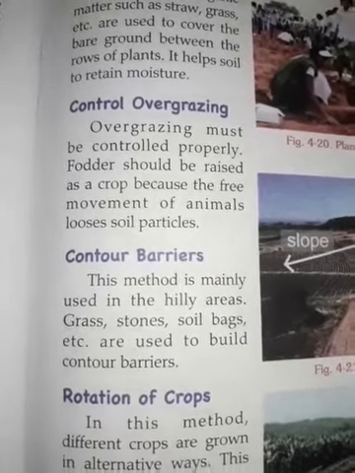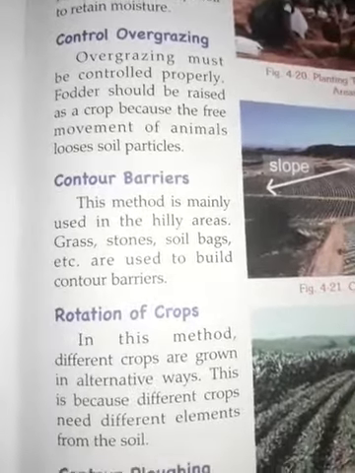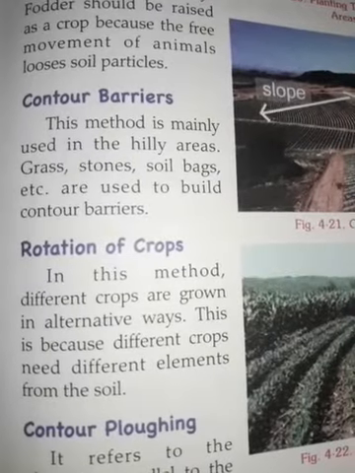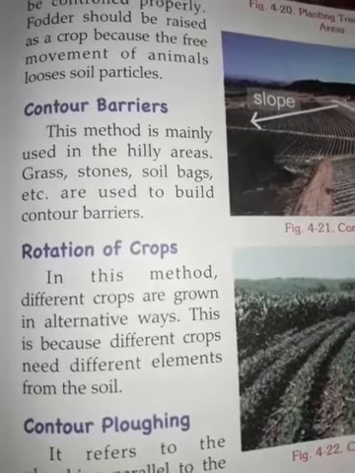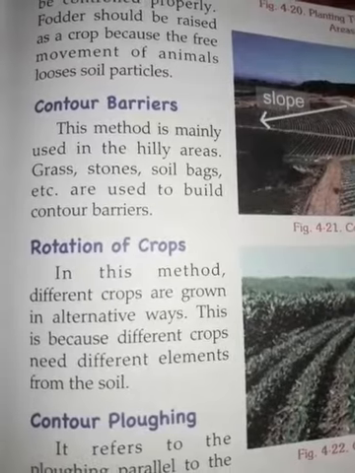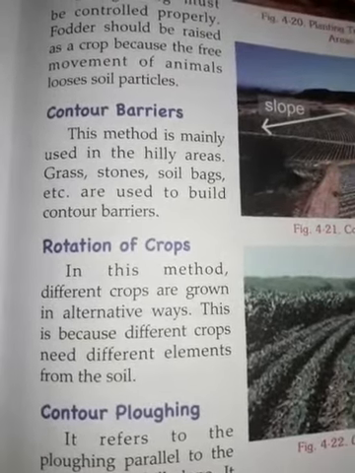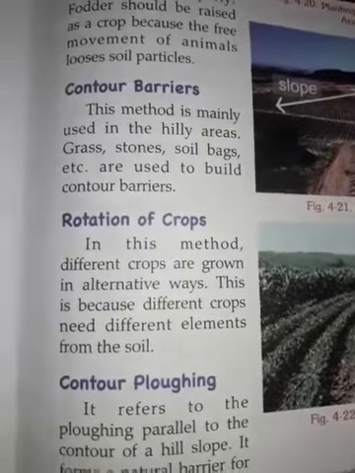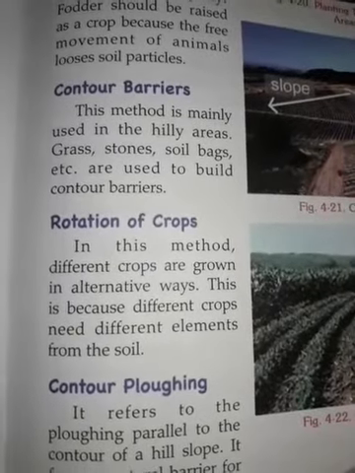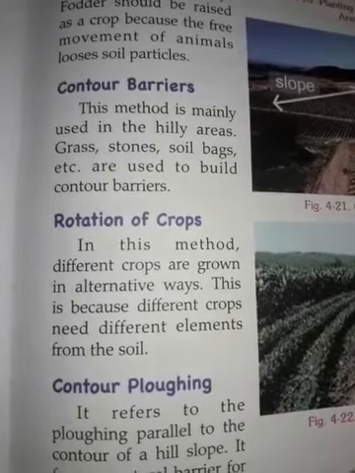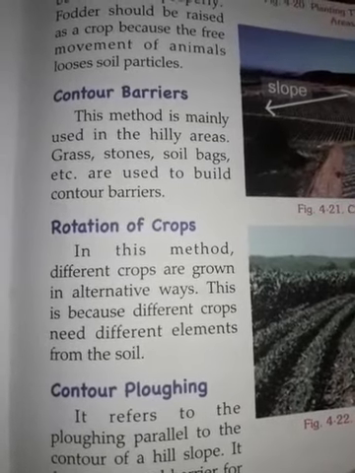Then contour barriers. Contour barriers are mainly used in hilly areas. In this, grass, stones, soil bags, etc. are used to build contour barriers. Rotation of crops. This method is very important to increase the fertility of the soil.